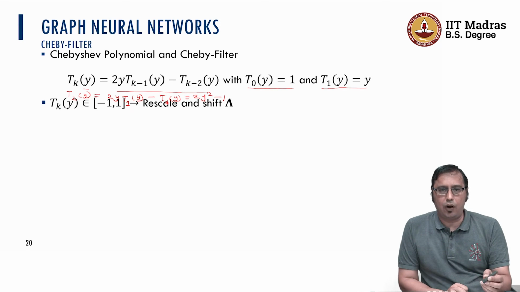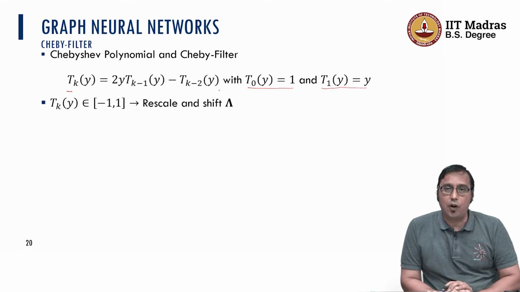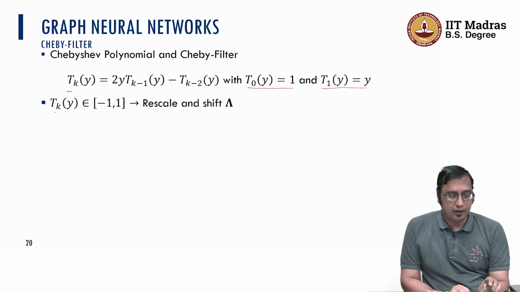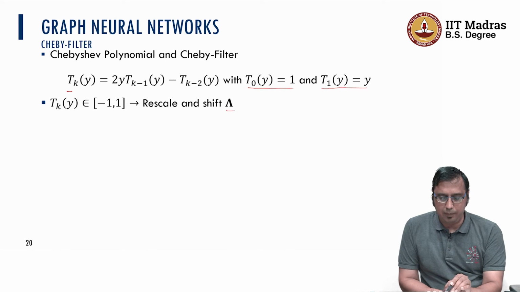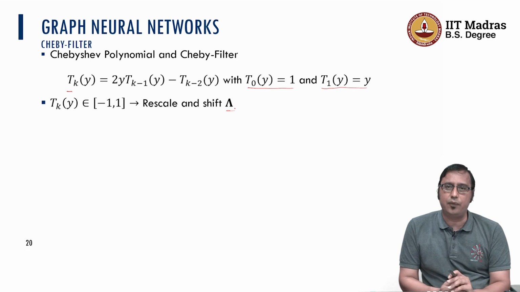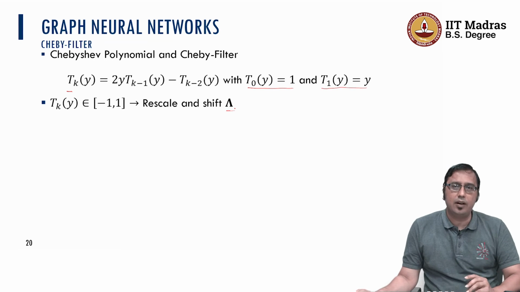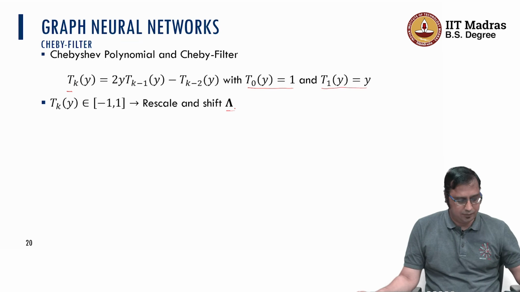Another advantage of this particular polynomial is that T_k(y) belongs to minus 1 and 1, and hence what we have to do is rescale and shift this lambda so that we can use it for our graph based applications.